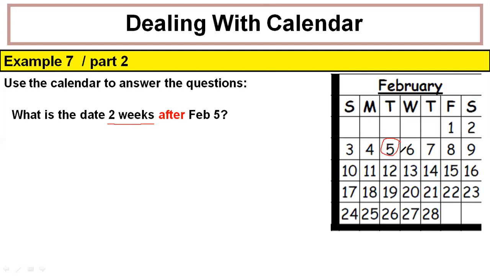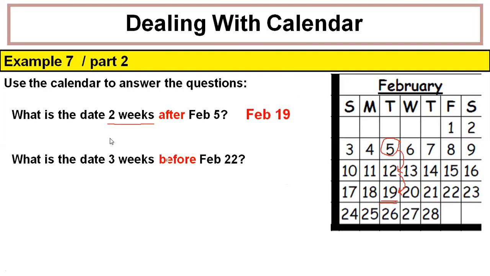The next Friday is 1 week because we count 7 days. This is the next week. Another week, this is 2 weeks. So the date is going to be February 19. Now what is the date 3 weeks before February 20?